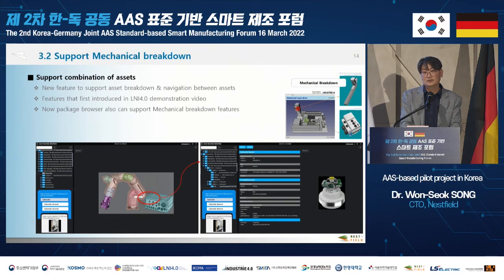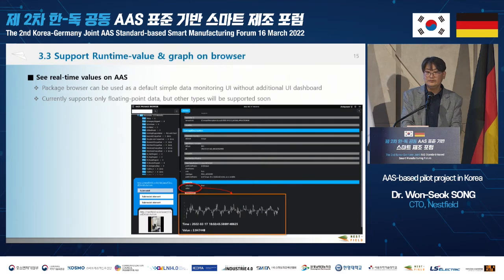Of course, we are using API and we can bring the asset information from the repository. When you use this kind of mechanical breakdown, you can have really granular modeling, especially for the part which has various subcomponents.